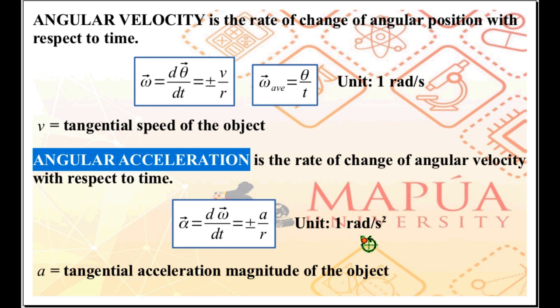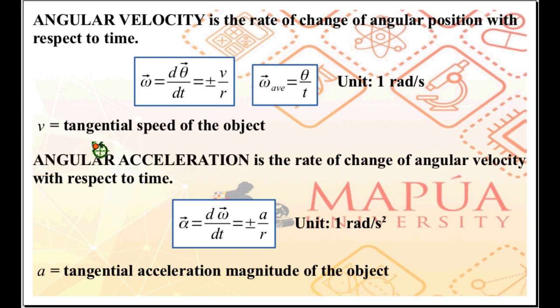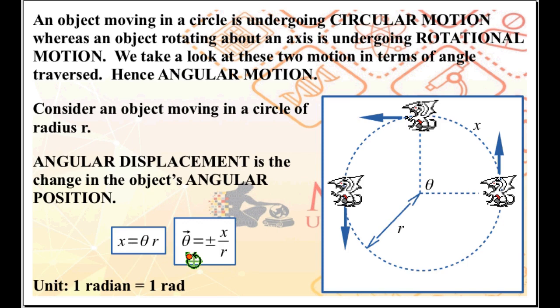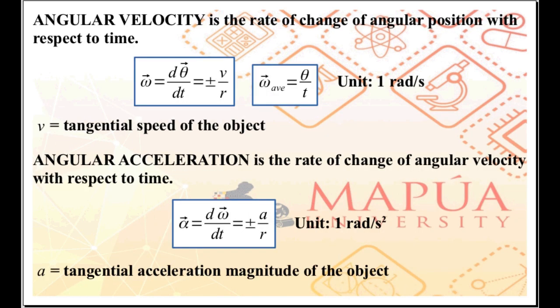The unit is radians per second squared. You have radians per second divided by seconds, so you have radians per second squared. So you have angular position, theta, angular velocity, omega, and angular acceleration, alpha.